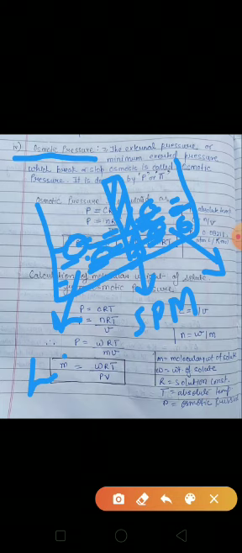But we are talking about osmotic pressure. So what is osmotic pressure? The external pressure, or the minimum exerted pressure, which stops osmosis is called osmotic pressure.